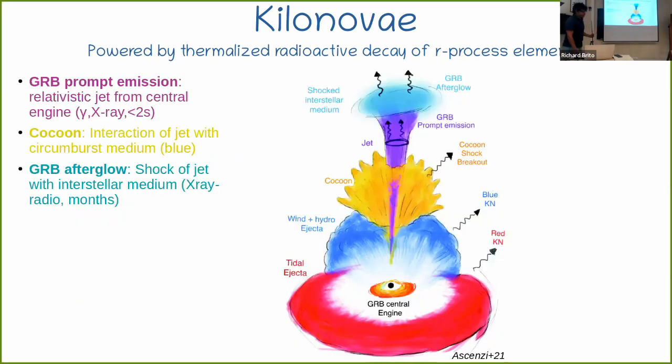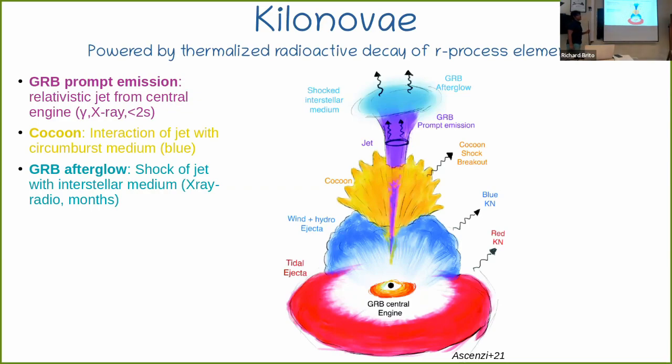And so here is a cartoon of the electromagnetic part of the kilonova of the whole system. So basically, after the gravitational waves, which is before the merger, the first thing you're going to see in hundreds of milliseconds, perhaps, is a gamma ray burst. So a very energetic burst that is quite debated.